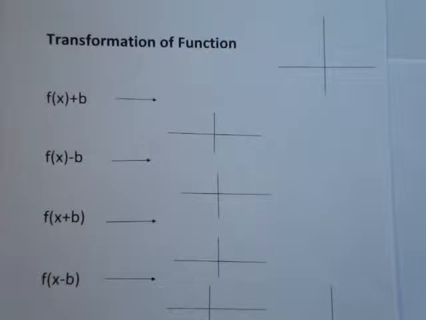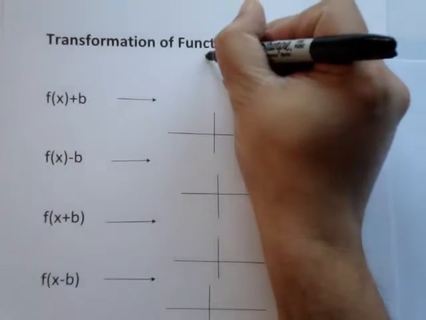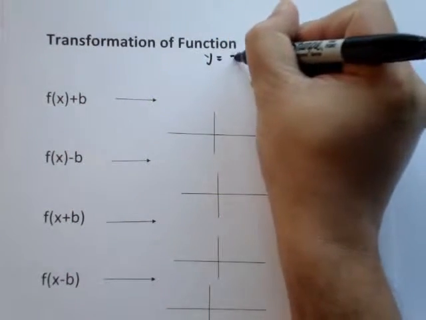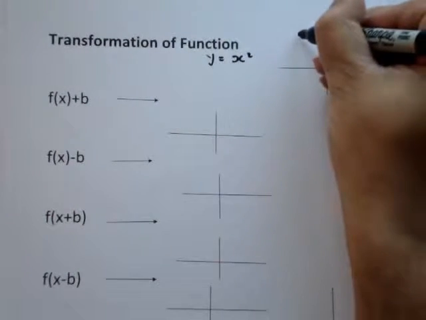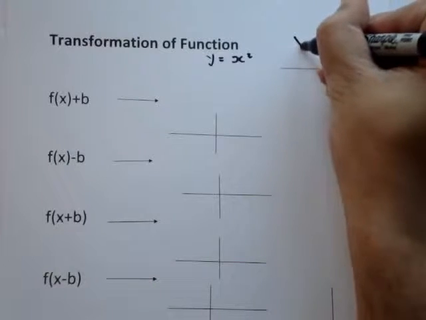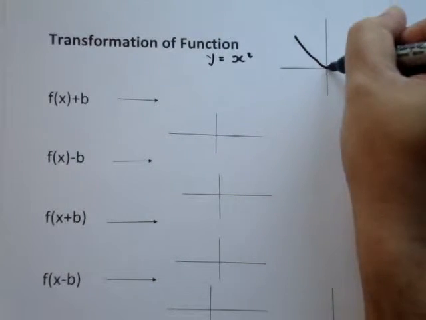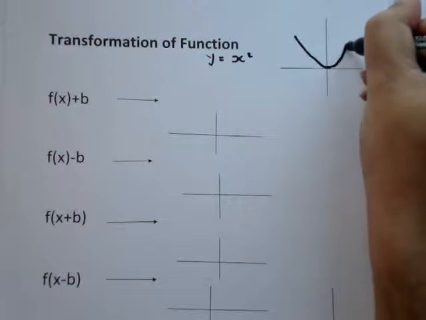Let's have a look at what this means in terms of transformation of graphs. So again, if we have y equals x squared, our parabola would look something like this, going through our point 0, 0, and then symmetrical.